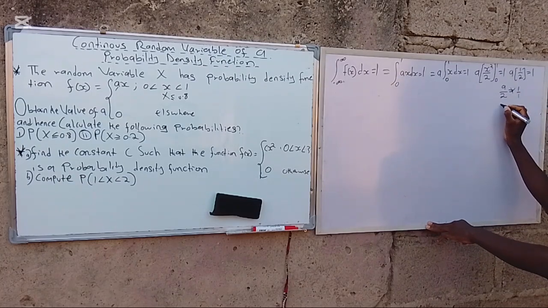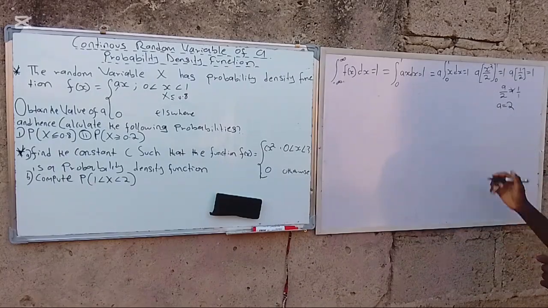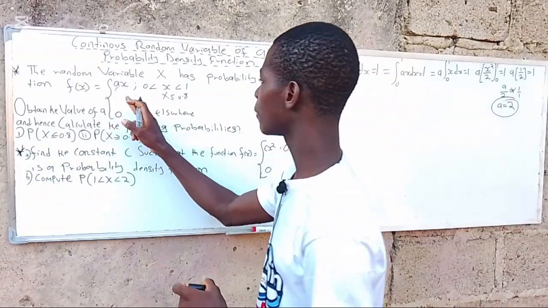Cross multiplying, a is the same thing as 2. So this is the final solution for the value of a.